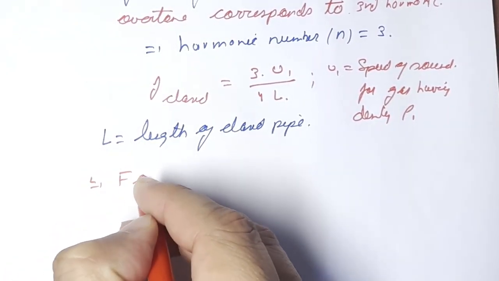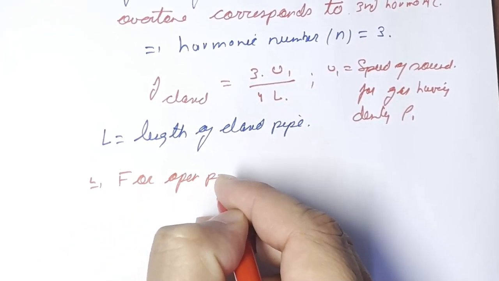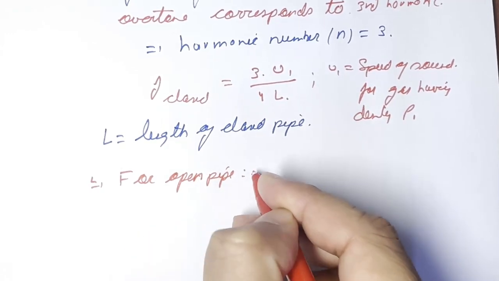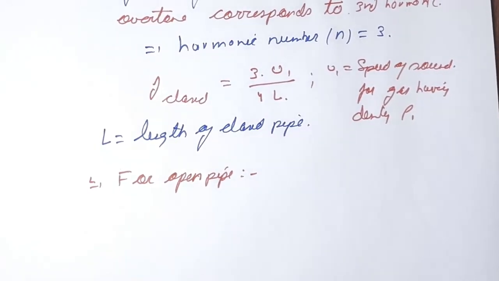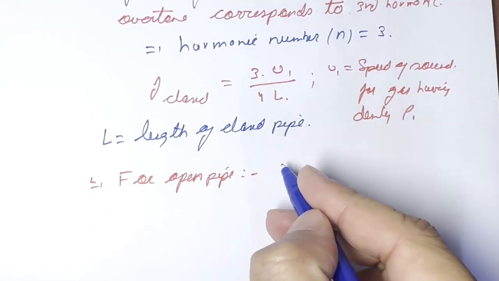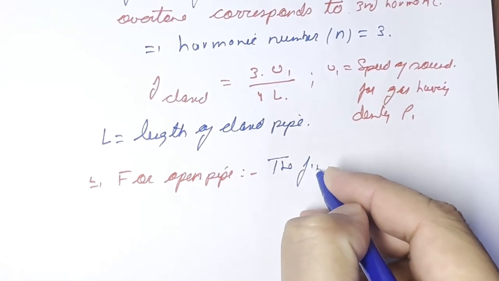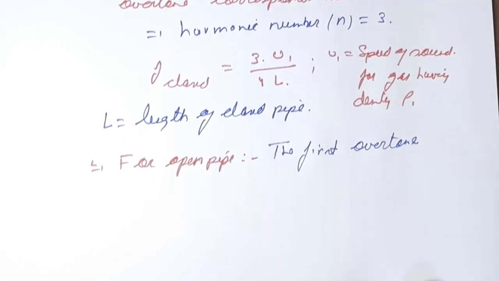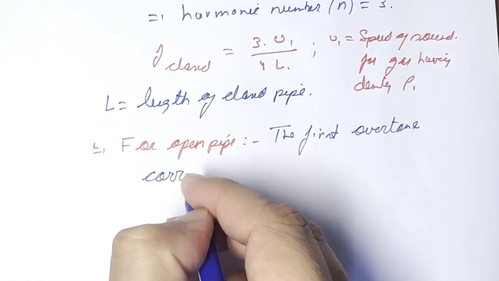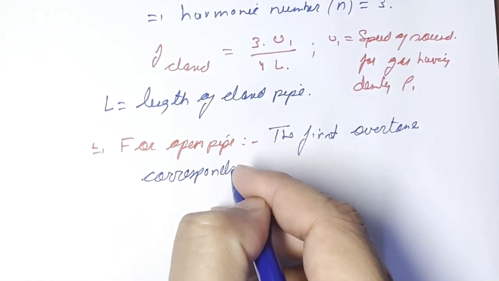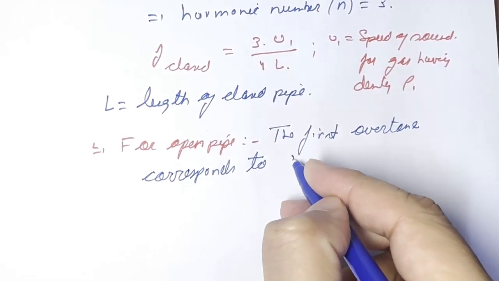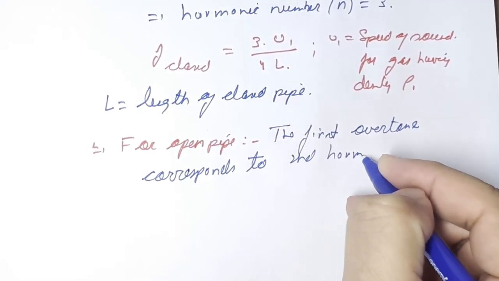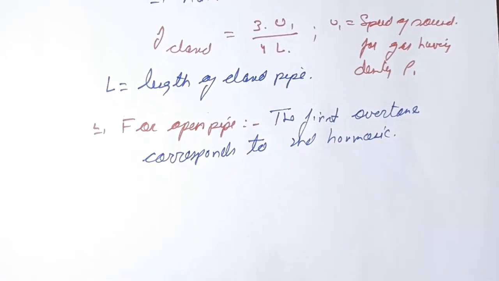For open pipe, the first overtone corresponds to second harmonic.